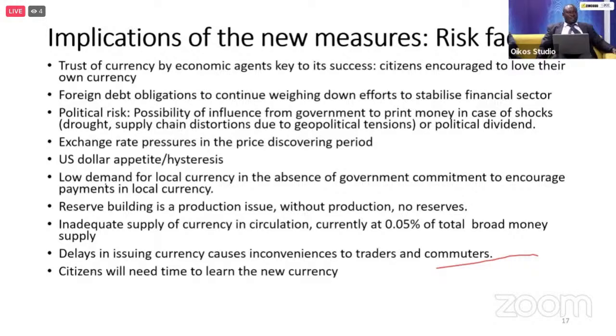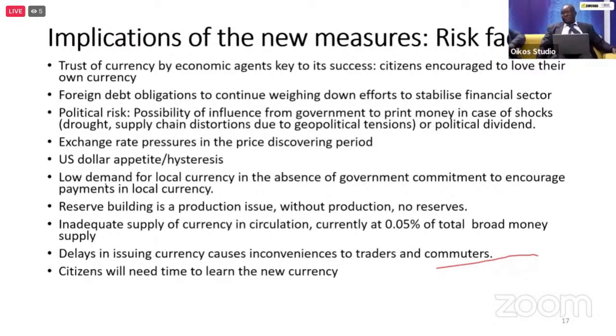Then foreign debt obligations continue weighing down efforts to stabilize the financial sector. Then the political risk, the possibility of influence from the government to print money. The government instructing the central bank to print money is not always bad; in some cases it will be good for us.